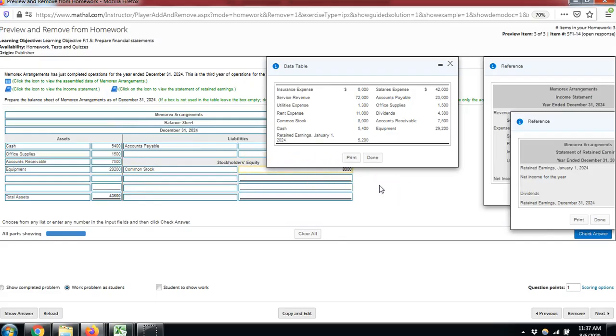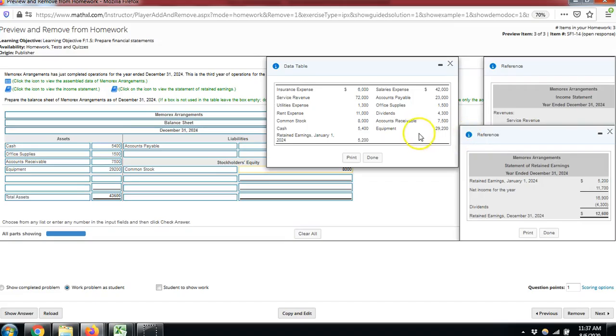Okay. So when we look through all these accounts, we now notice that every one of these accounts is included in one of these three financial statements. So we want to make sure we're not double counting. Okay, so insurance expense, that was in the income statement. Revenue, income statement.